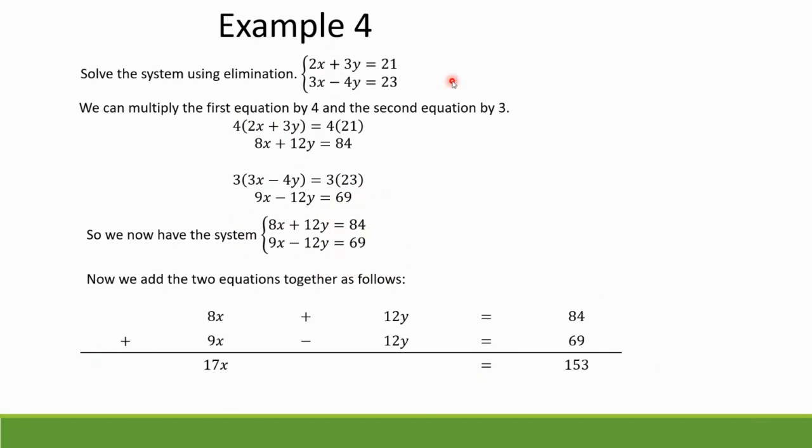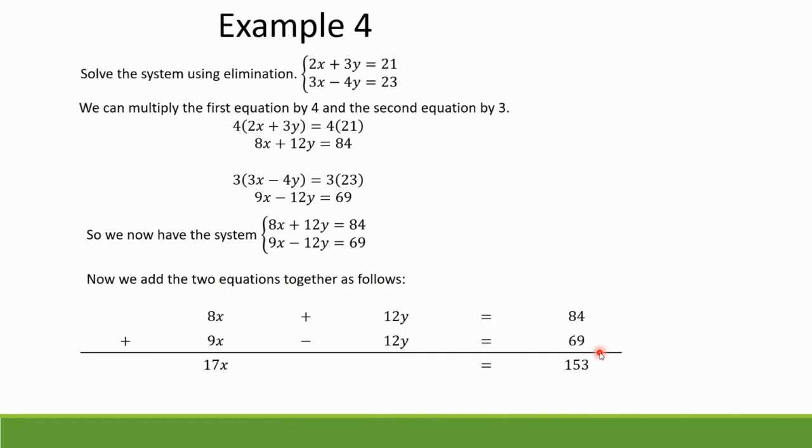Sometimes you have to look and see that if we multiply the first equation by 4, and the second by 3, then both of these would be 12 and negative 12, and we could add and combine them, which would eliminate them. The whole idea is you want to eliminate a variable.